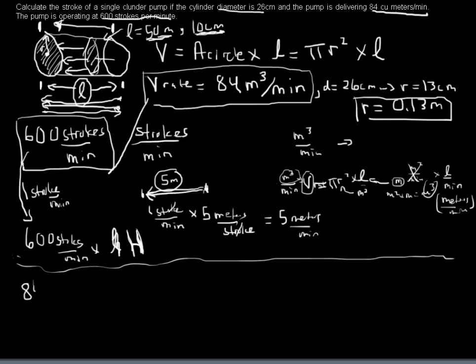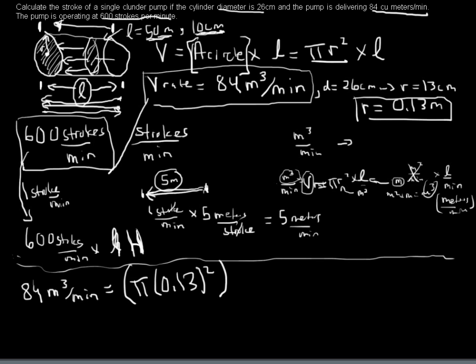We know that 84 meters cubed per minute is equal to pi times the radius squared, the area of the circle, which doesn't change, times 600 strokes per minute times this big H, or L, or whatever you want to call it.